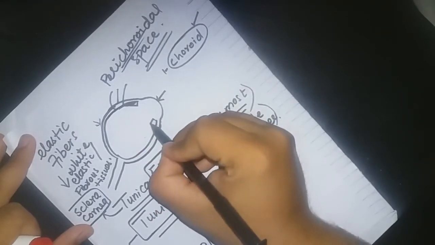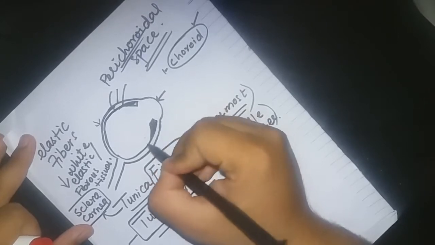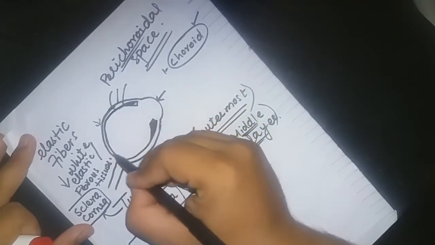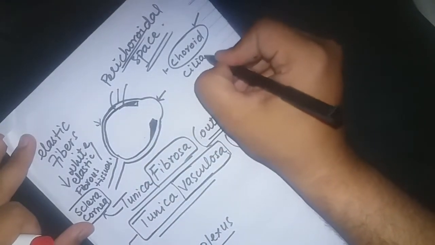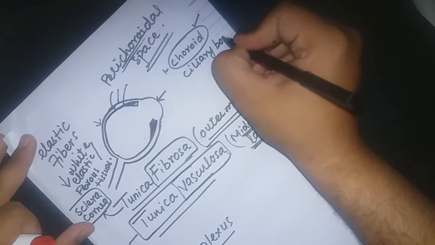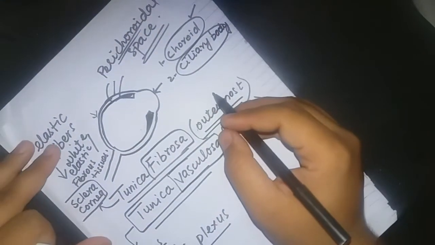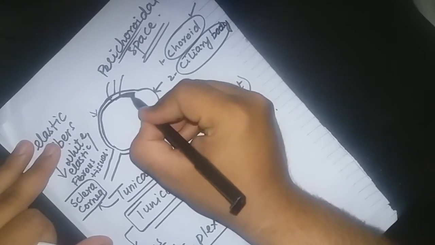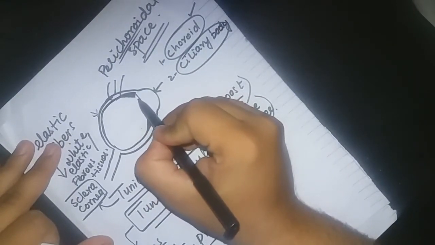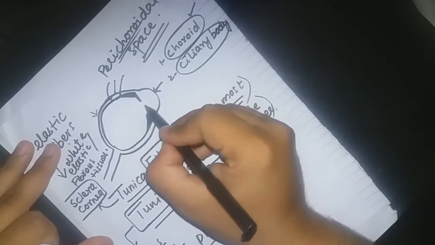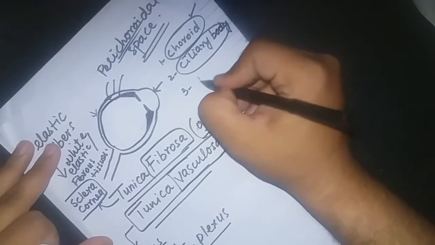This thickened part of the choroid, which is the middle layer, is known as ciliary body. And further from the ciliary body, here is a structure on both sides, which is known as iris.